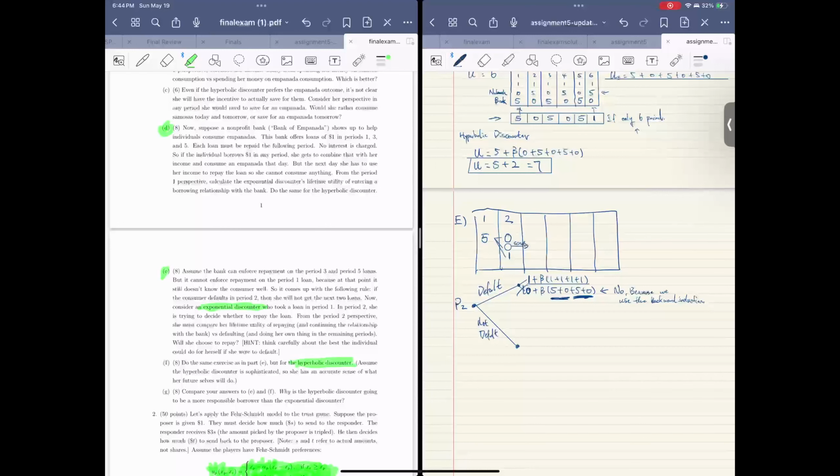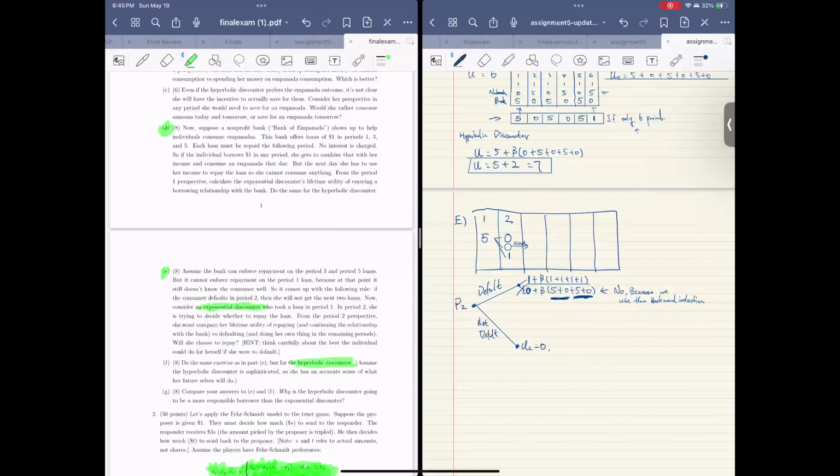So what happens if on period 2 the hyperbolic discounter didn't default? What's the utility look like for not default? In period 2, they'll have a utility of 0 because they repay.